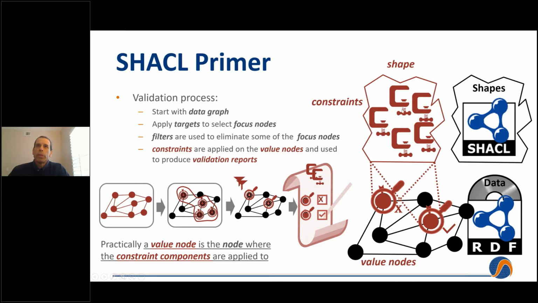So if you remember, the constraint components are applied to the value nodes, and we had two types of value node. One where it's a node shape, where the value node is the focus node, and one where it's a property shape, so the value nodes are those nodes that can be reached from the focus node. And that concludes our definitions.